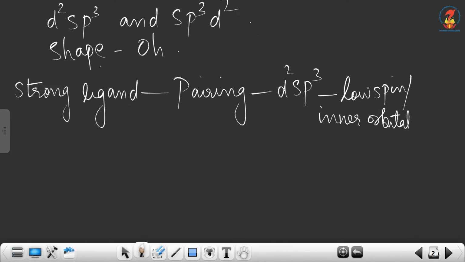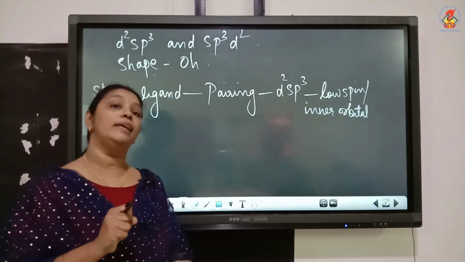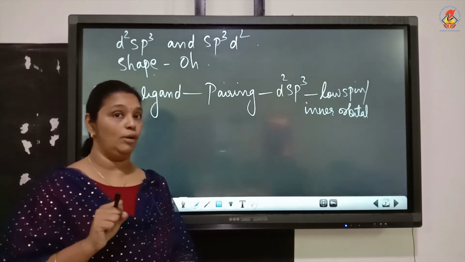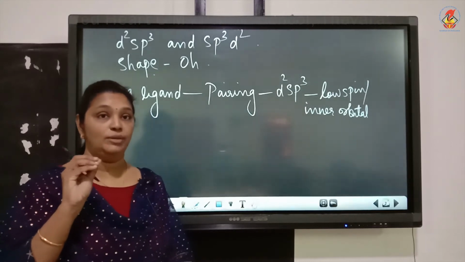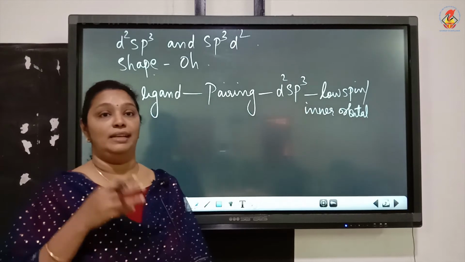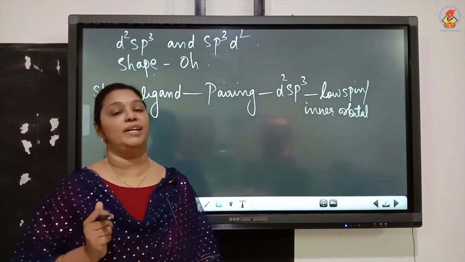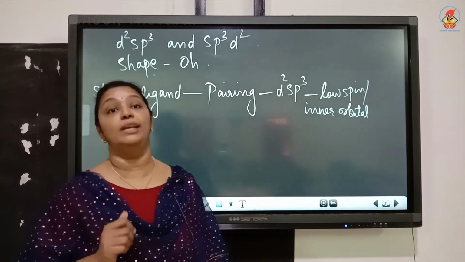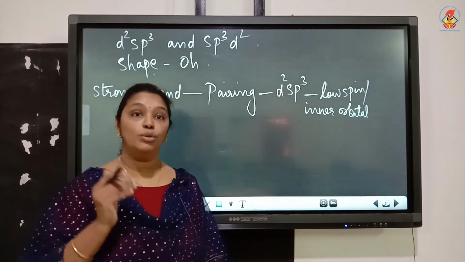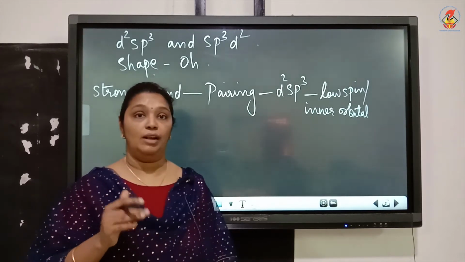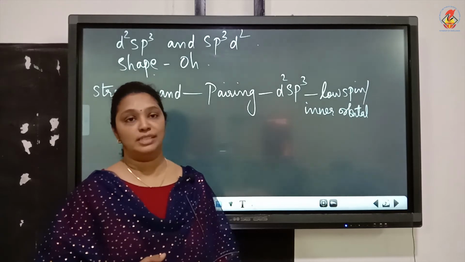We saw the examples for strong ligands: cyanide ion, ammonia, ethane 1,2-diamine, oxalate ion. If it's a strong ligand, then pairing of electrons takes place in the d orbital of the metal, and the hybridization is d2sp3. D2 means it is the inner d orbital participating in hybridization, that is our 3d orbital. So the complex formed will be a low spin or inner orbital or spin paired complex.